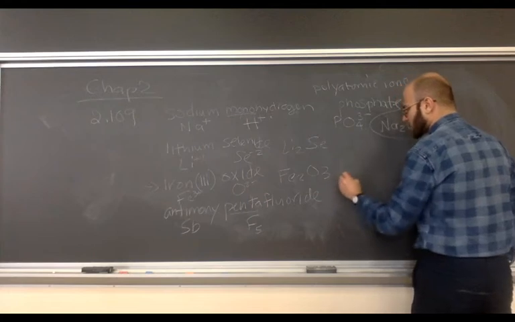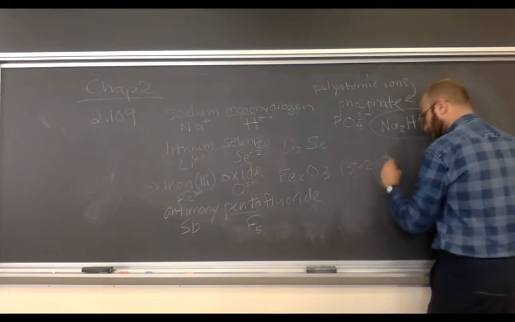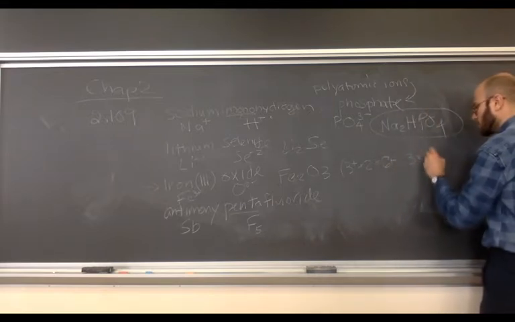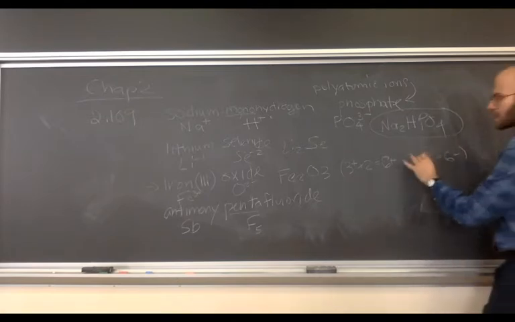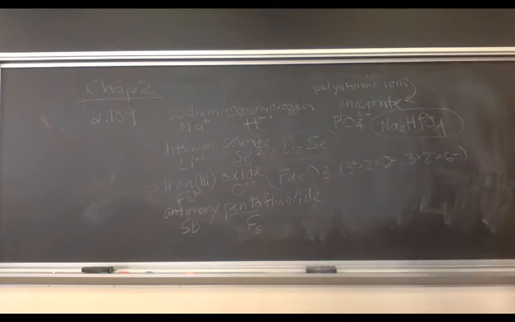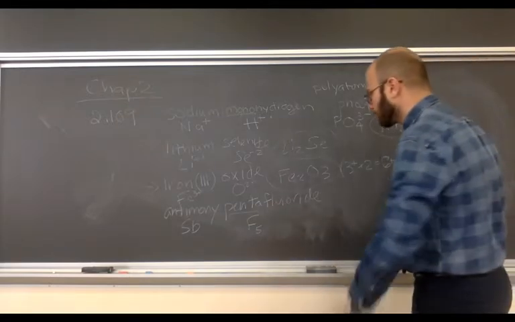Here we have essentially 3+ times 2 is 6+, and then on the other side we have 3 times 2- is 6-. And so we can begin to see that these cancel out, and we have our formula for the iron(III) oxide. Again, one of the components of rust, for example.